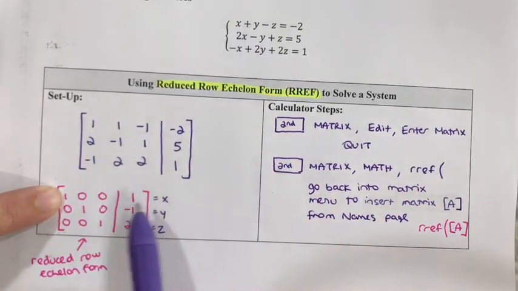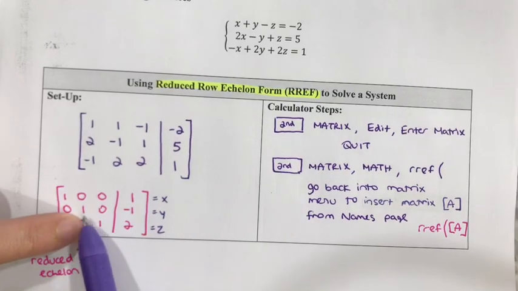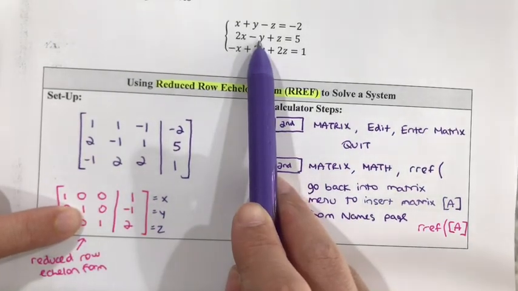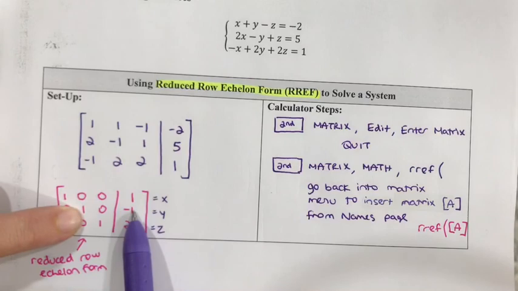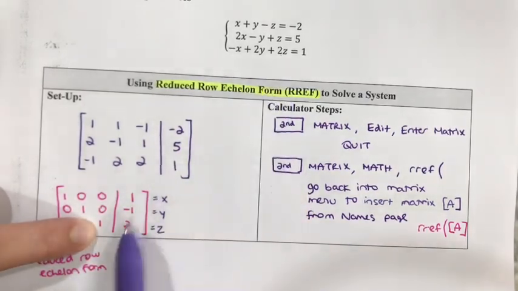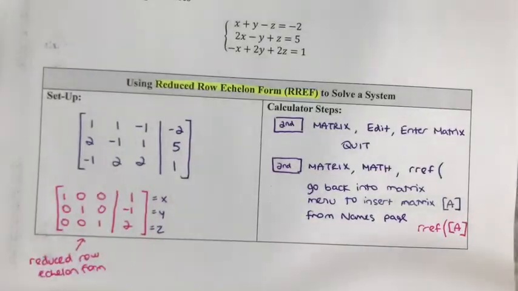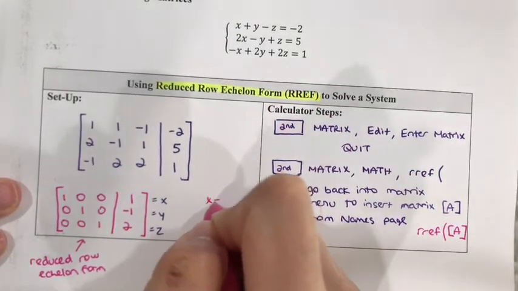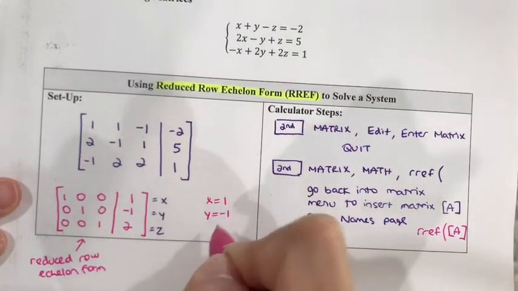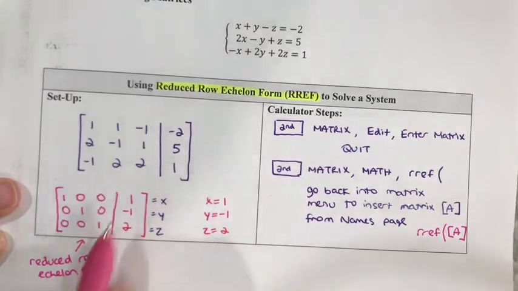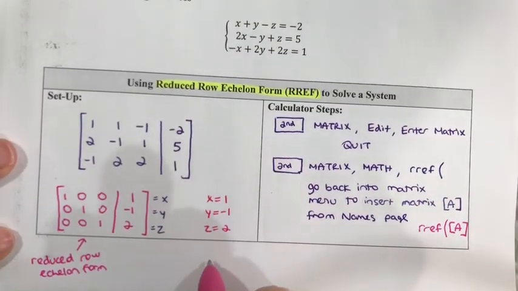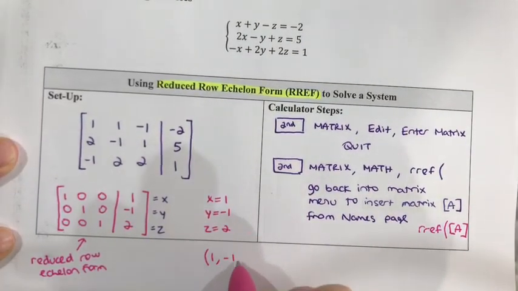That means 1x equals 1. This corresponds with y. 1y equals -1. 1z equals 2. So my solutions here come from the right-hand side. So I can write this as an ordered triple.